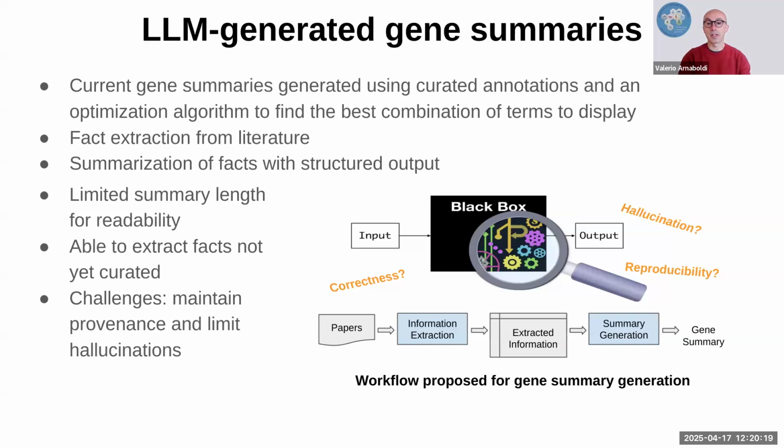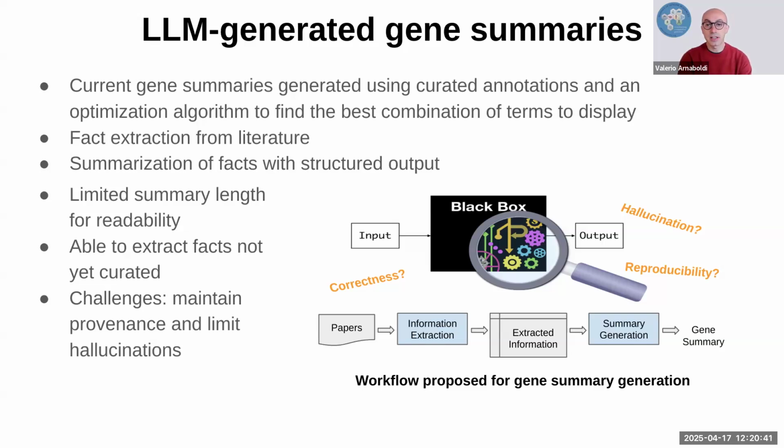In the first step, we use an LLM to automatically scan the literature and extract information in a structured way related to the genes of interest. For this, we're mapping ontologies as much as possible to provide reproducible and correct output.